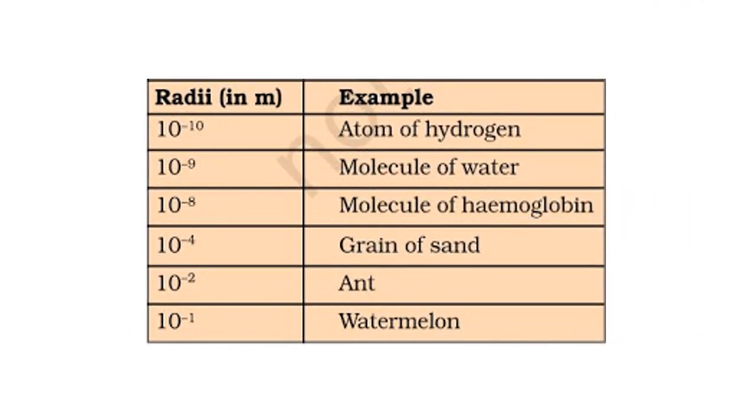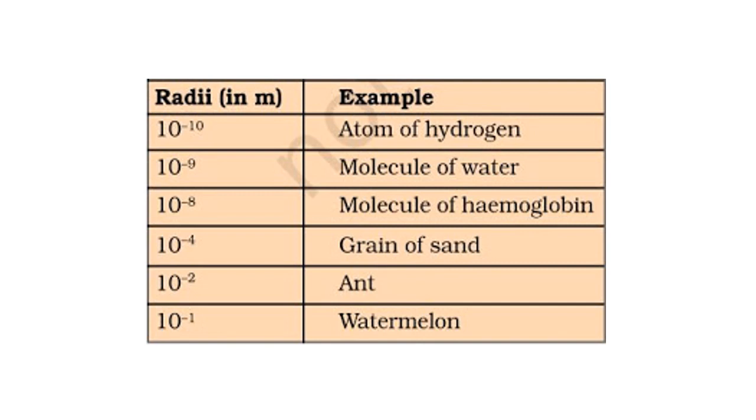If they are small, then in what unit are they measured? They are measured in small units. Normally we measure diameter or radius in meters, for the bigger atoms or macroscopic things.